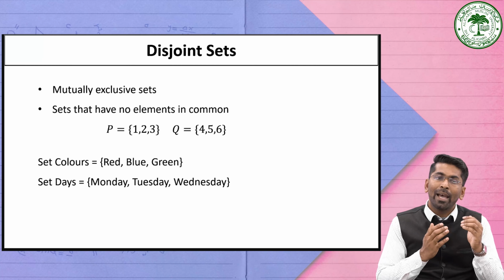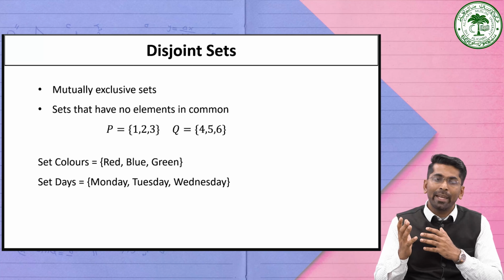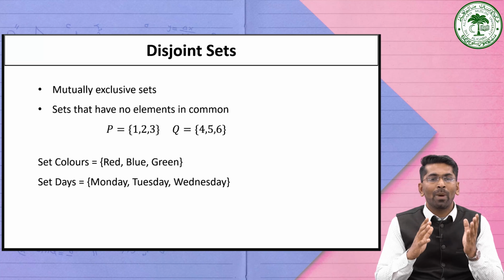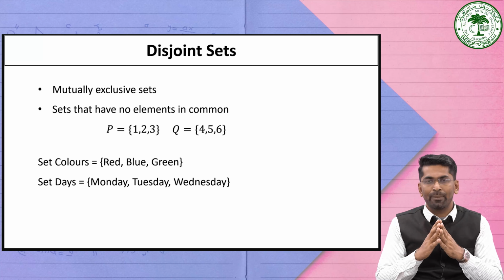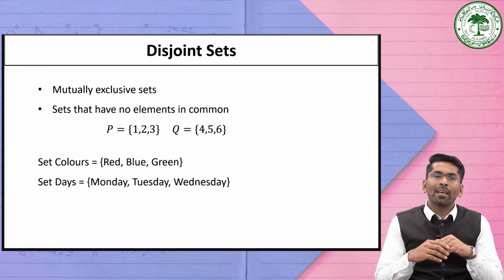One is colors and the other is days. So these are unrelated sets, there are no common elements in them, and accordingly we can say that these are disjoint sets.